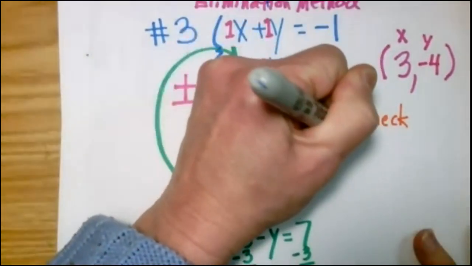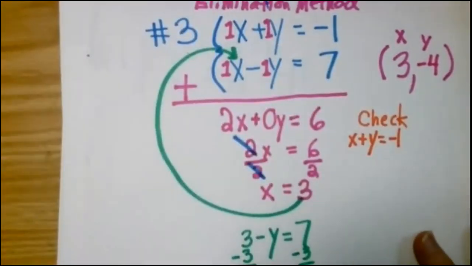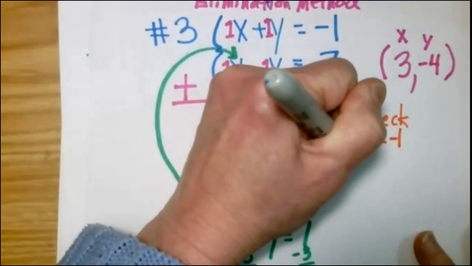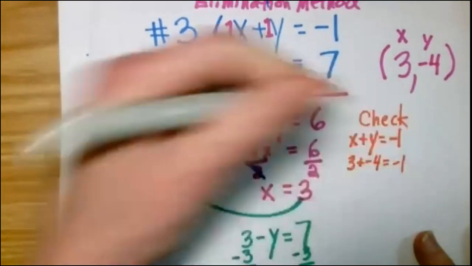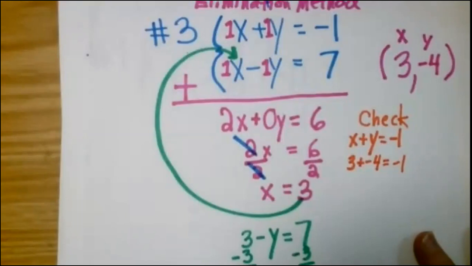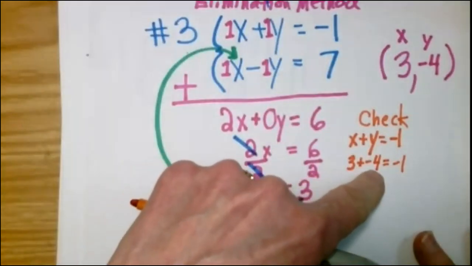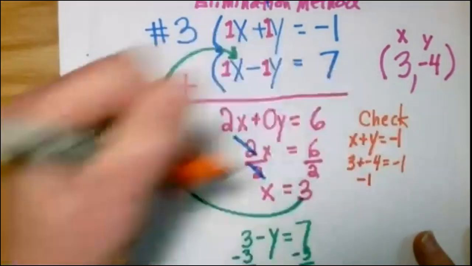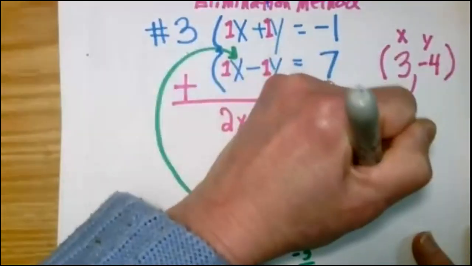Our first equation was x plus y equals negative 1. Plug in 3 for x plus negative 4 for y. That should equal negative 1. 3 plus negative 4 is negative 1. So negative 1 equals negative 1. So that is true.